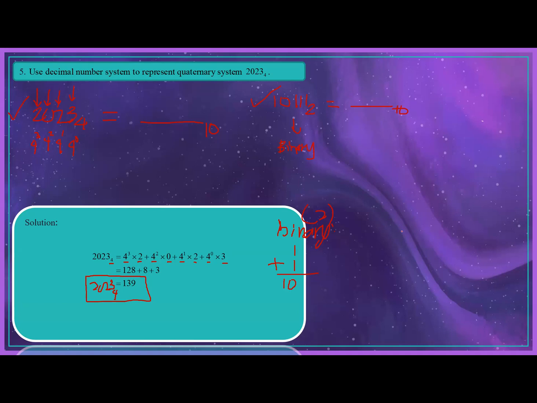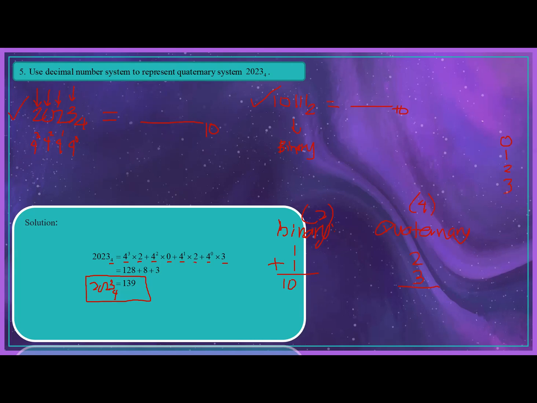And in quaternary, we have base 4. Okay. Basically, if you have 2 plus 3, that should be 5. Okay. So that's not the case because in quaternary numbers, our first number will be 0, then 1, 2, then 3.